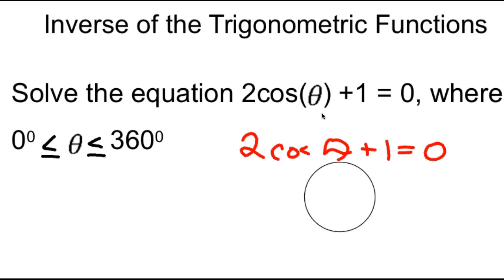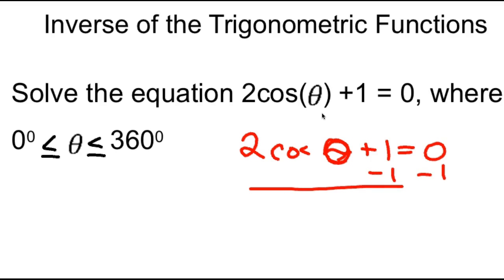So the first step, just like anything, is we're going to undo this equation. So we're going to subtract 1 to get the 1 out of the way. And so when you subtract 1 from both sides, you're left with 2 cosine theta equals -1. Okay. Then we've got 2 times cosine.